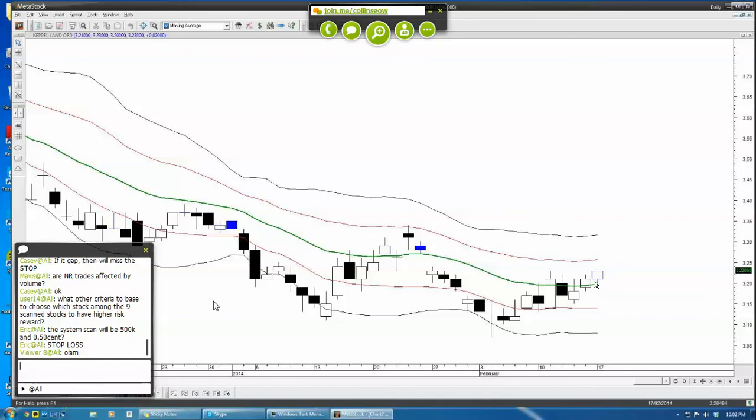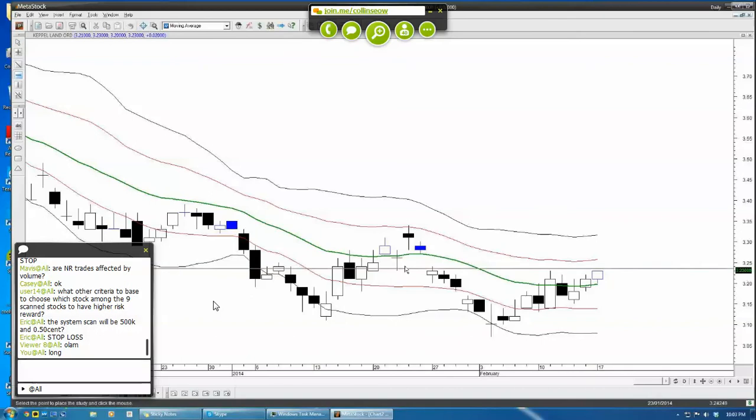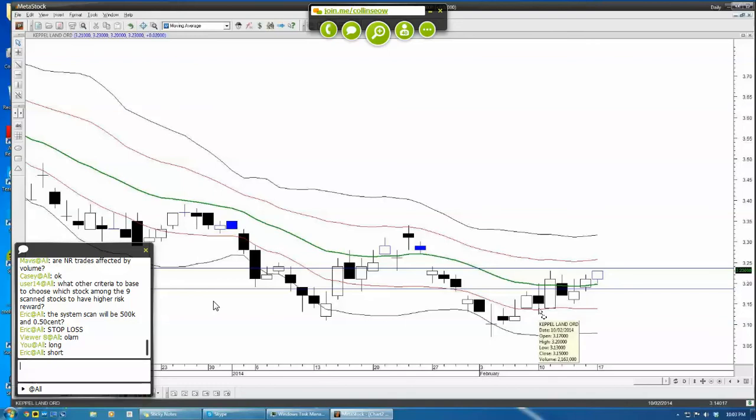So question, which one is better, long or short? We don't know now whether it's long or short, but let's say one bit above the high we buy, one bit below the low we sell. Which one is better, long or short?